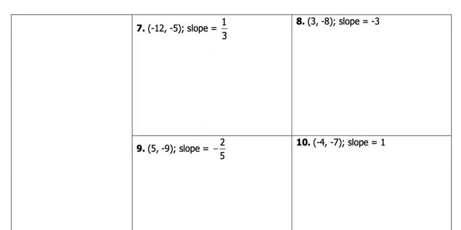All right, number 7 here. Again, we start with y minus the y value, which is -5, equals the slope, and then in parentheses, x minus the x value we've been given. Now that's definitely not simplified. I have these minus and negative. So y plus 5 equals 1/3, and then x plus 12.